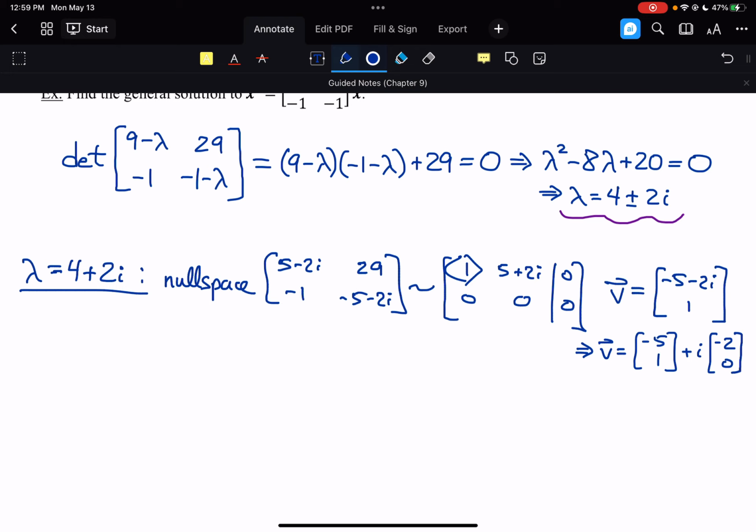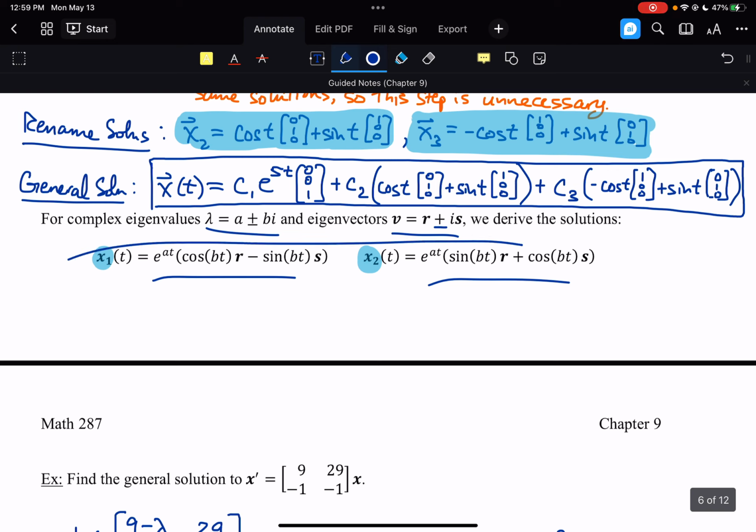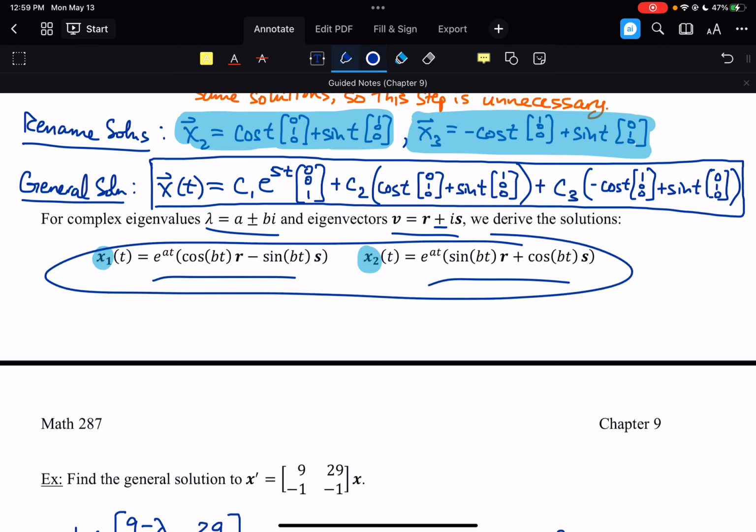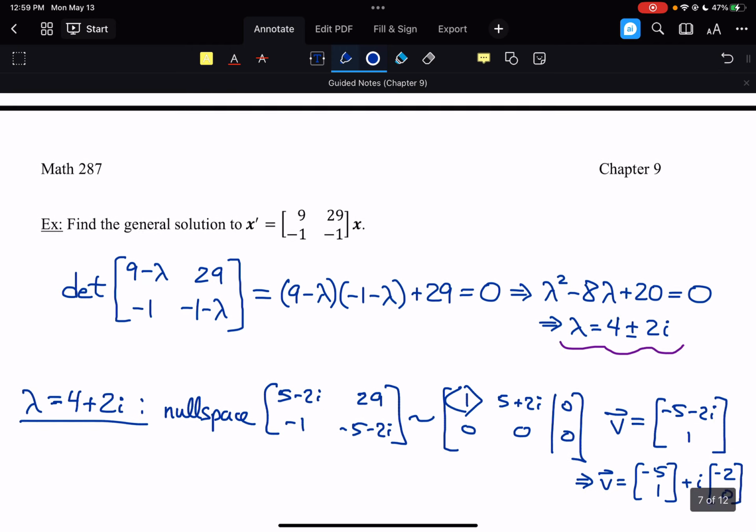Now we can set this one up like we did the last one if we wanted to, use Euler's formula, do the foiling and the multiplication, combine the complex terms with the real terms, and then extract those two pieces from the solution, all like we did in the last one. Or we can instead use these forms of the solution, and you will get exactly the same thing. So we already know A and B and R and S, and that's all we need to be able to set them up this way.